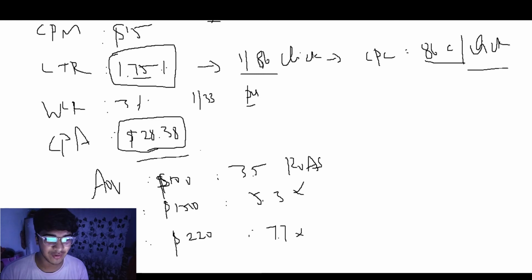Last time we had a ROAS of 2, 3, and then 4.5. Now we'll have the next AOV, same AOV, 150, and now that's going to get us a 5.3x ROAS. And then finally we had a $220 AOV, and that's here going to give us a 7.7 ROAS.